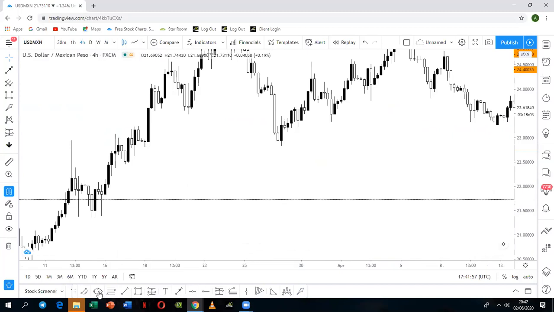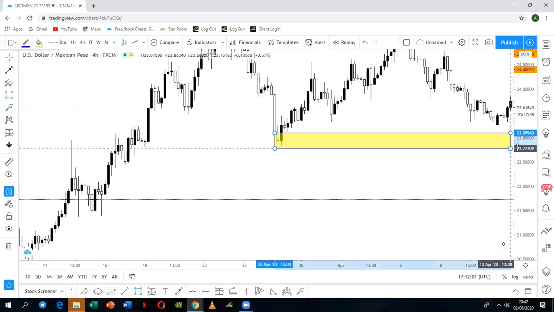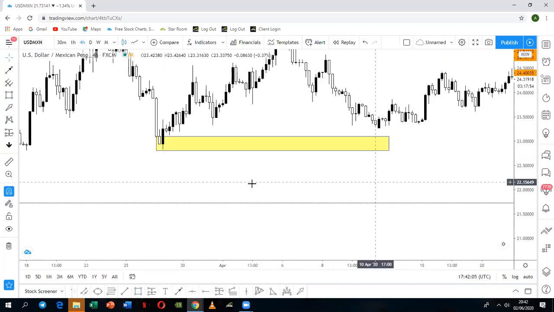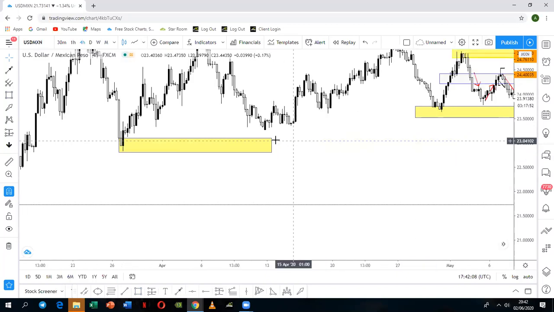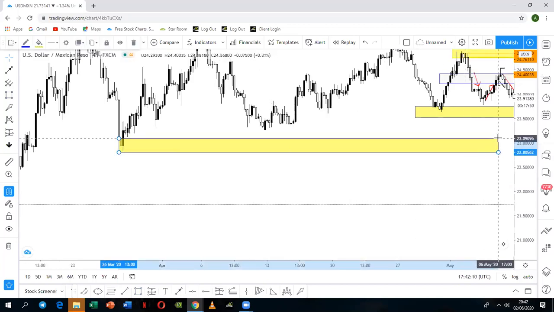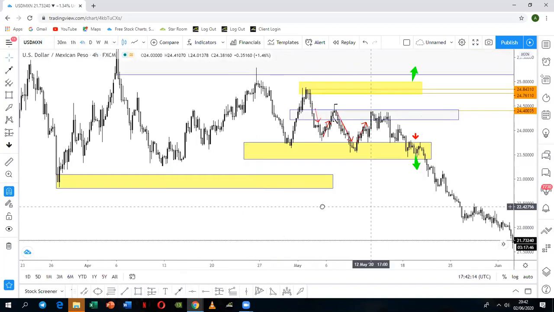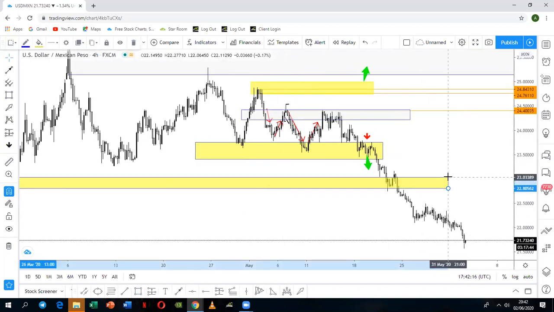So this, Alex, you remember? You take it like this. This is a buy zone. Any break below, you want to sell. This is a buy zone. It holds.